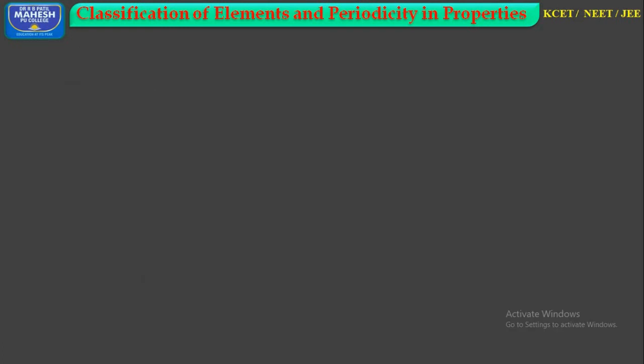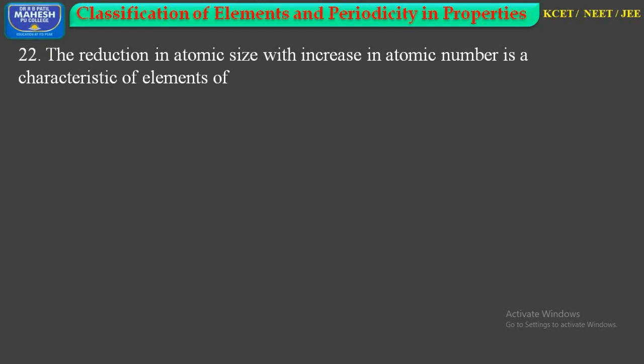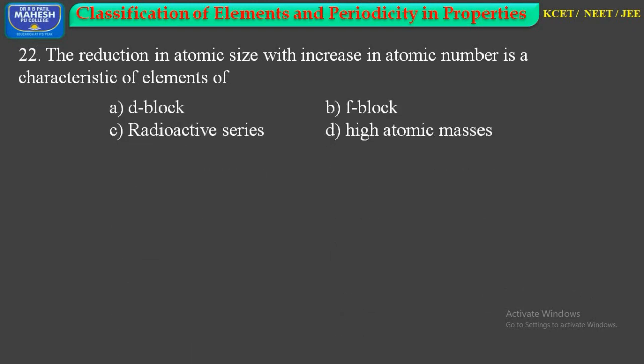Moving to the 22nd question. The reduction in atomic size with increase in atomic number is a characteristic of element of option A, D block, option B, F block elements, option C, radioactive series, and option D, high atomic masses.